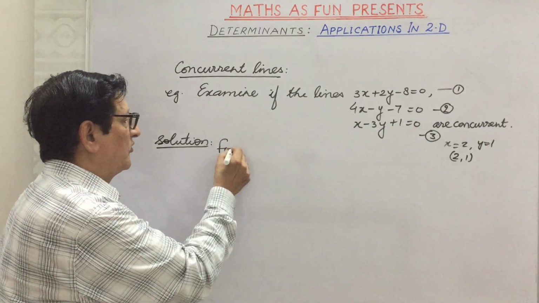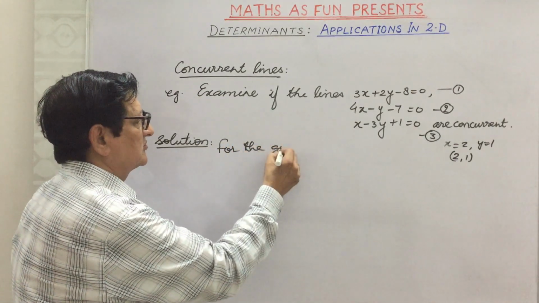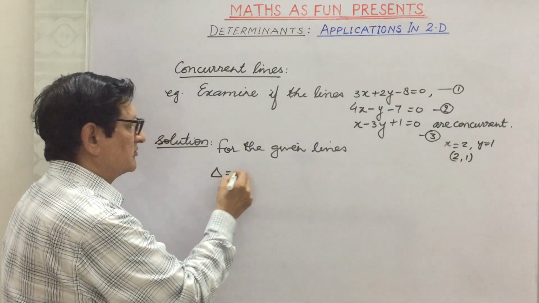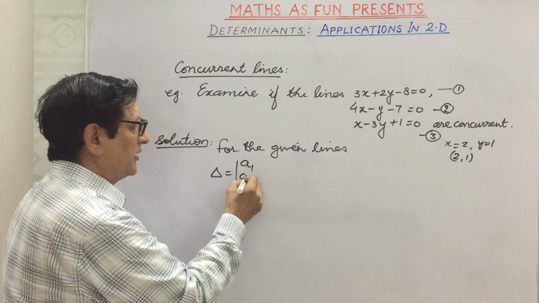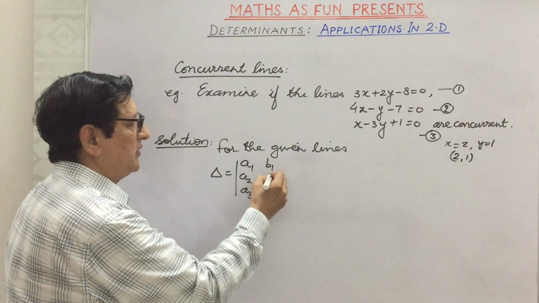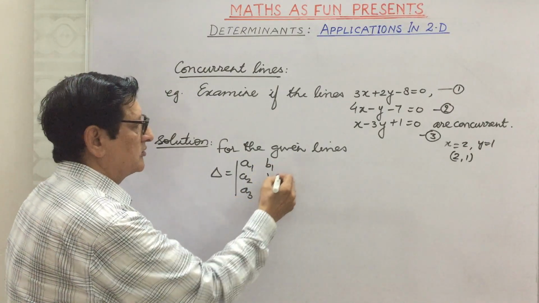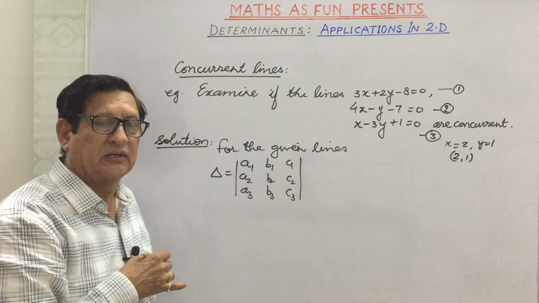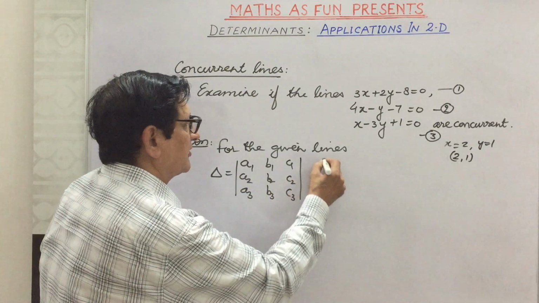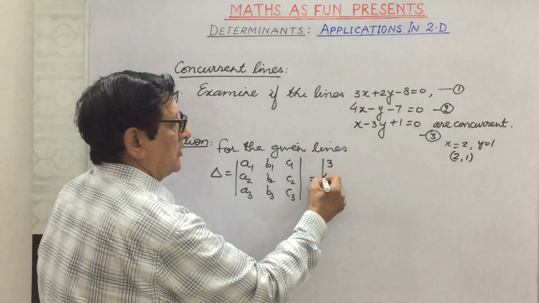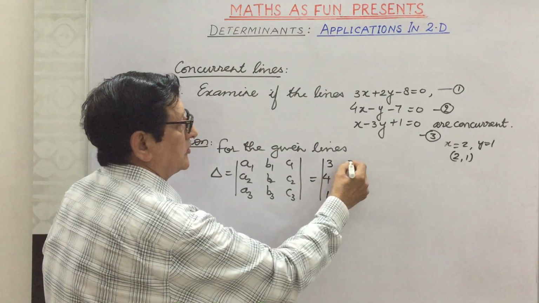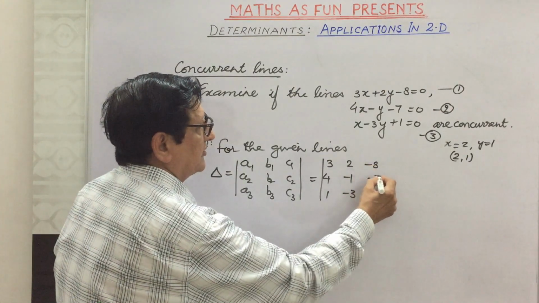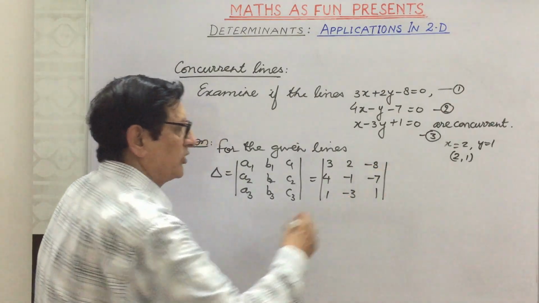We write for the given lines delta, that is A1, A2, A3, B1, B2, B3 and C1, C2, C3. Substituting the values we get here 3, 4, 1, 2, minus 1, minus 3, minus 8, minus 7 and 1.